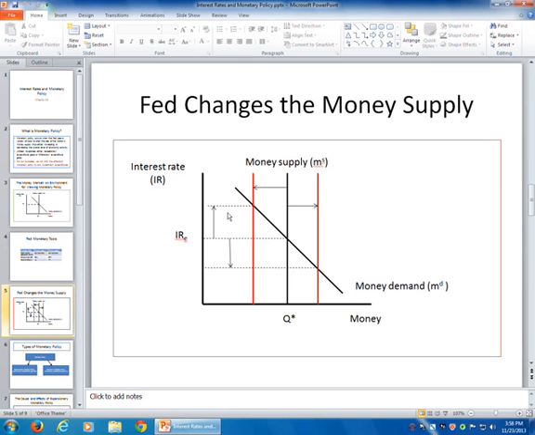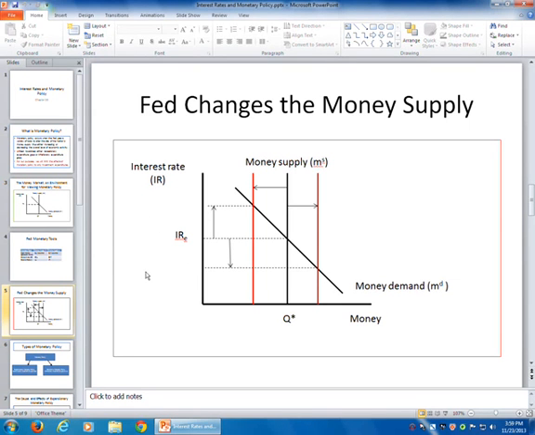And it makes sense practically, because when there's less money available, its value goes up, its cost increases, its price increases, which is the interest rate. By the same token, if the Fed uses its tools to increase the money supply, there's more money available, and since there's more of it, its value or cost tends to go down, hence interest rates tend to fall. So when the Fed uses its tools to change the money supply, increase it or decrease it, that's going to affect the level of interest rates.